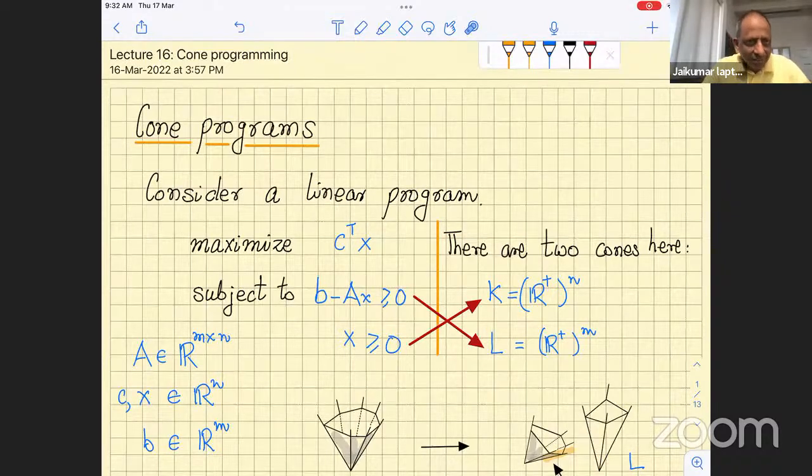There are several sections in between, but it's possible for me to tell you about cone programs without needing to rely on those parts. When Kavita resumes next week, she will do the parts before the cone programs.